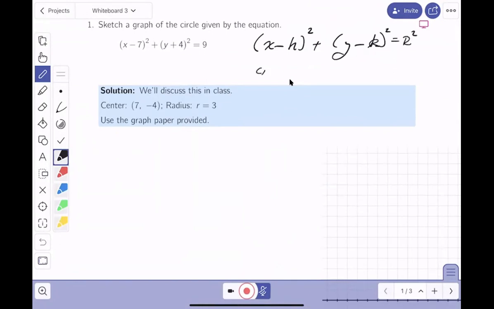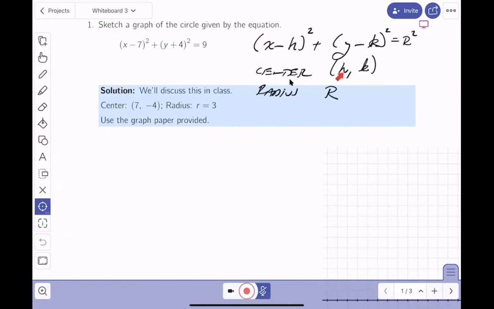With the understanding the center is h comma k, and the radius is r. Right, I want to point something out to you that h is a number for x, it's the center number, that would make this term here 0. And k is a number that would make this term 0.